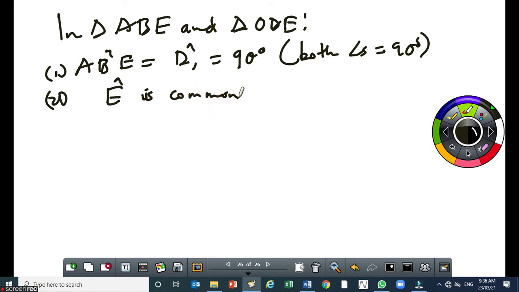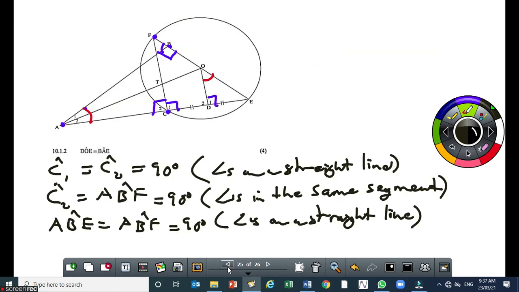Then, once I prove that these two pairs of corresponding angles are equal, I don't need to prove the similarity part, because the two triangles are similar based on these two statements. But that's not what the question wants. It just says prove that these two angles are equal. So I'm going to say therefore DOE, because we are only left with one pair now.